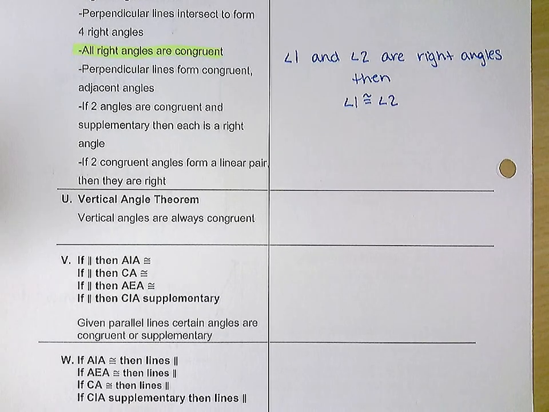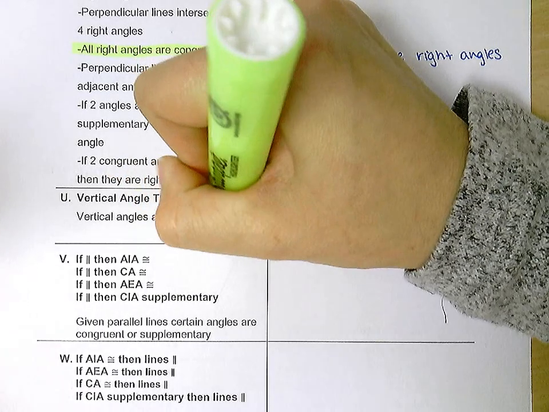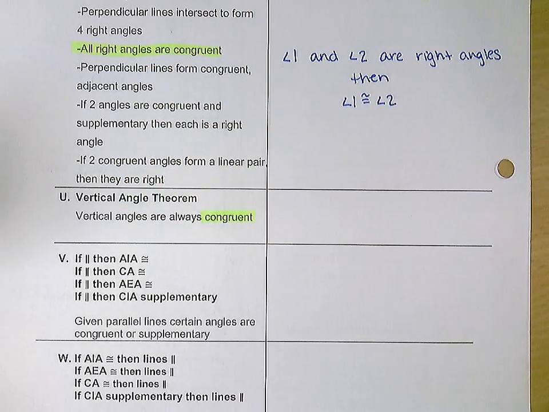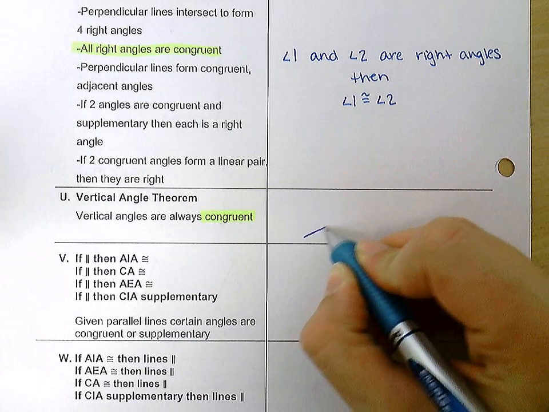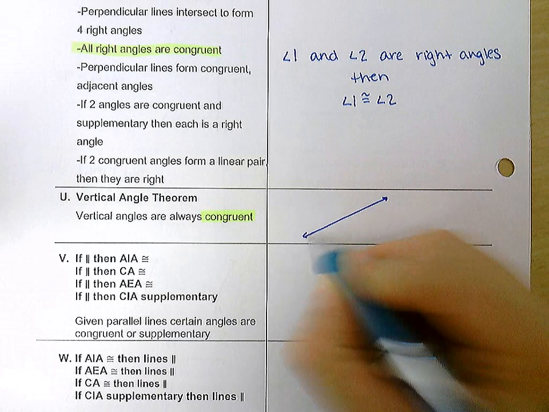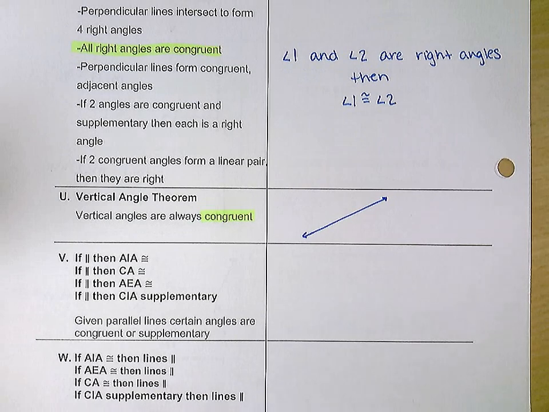Okay, next one is the vertical angle theorem. That says all vertical angles are congruent. So if you have vertical angles, those two angles are congruent to each other. Now to refresh your memory of what a vertical angle is, vertical angles are created by two intersecting lines.